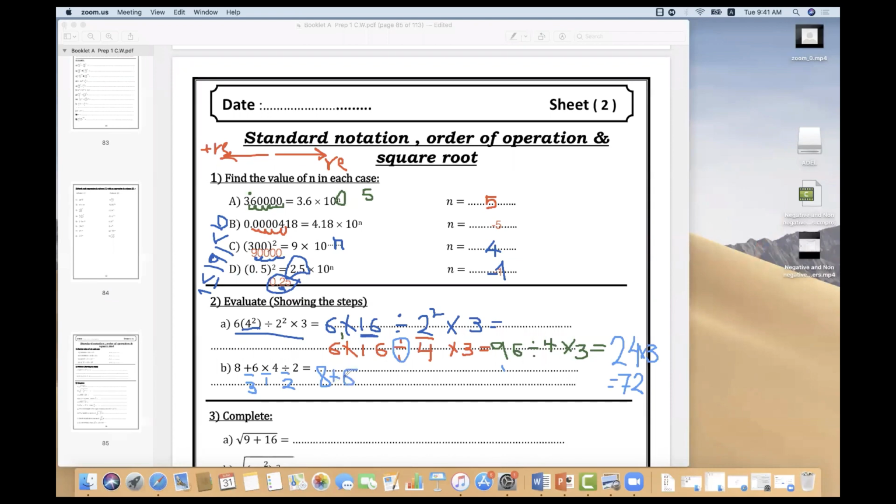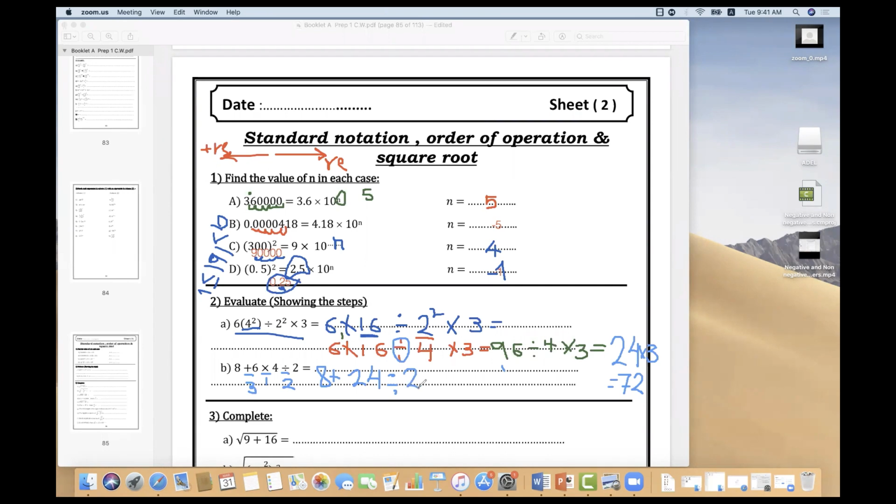After that, 6 times 4 equals 24. Here, 24 divided by 2.